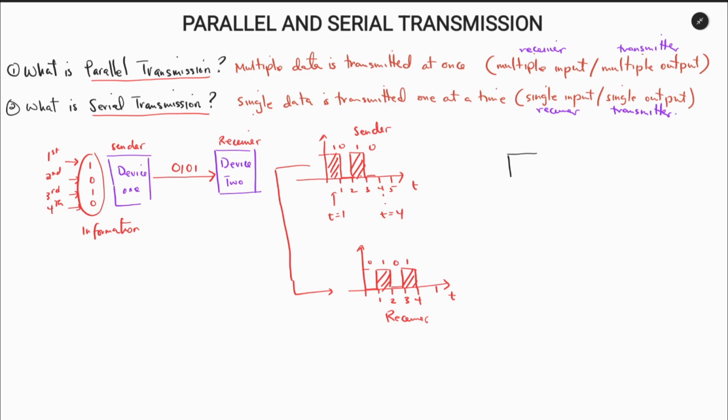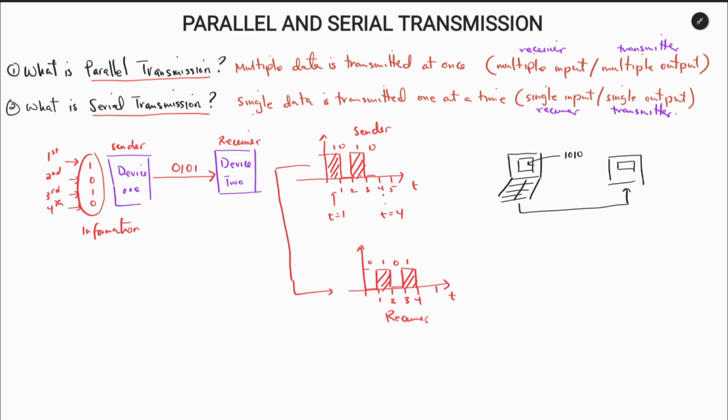Similarly, if you have a computer connected to a printer, and we want to print this data, we can have a single data line where information will be transmitted. This is our information to be printed in an Office Word document or a PDF, where we have 1010 to be printed.